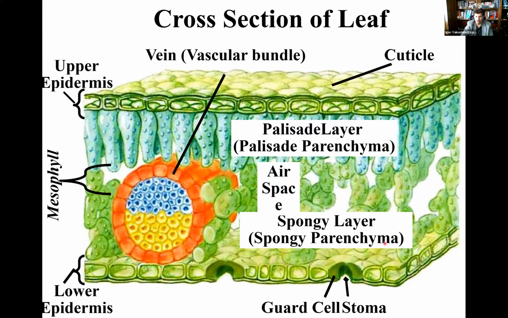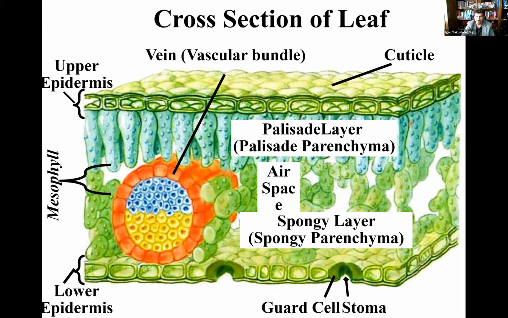So we're looking at the ground tissue, also known as the parenchyma. In this particular case, the parenchyma cells are located right next to each other, very, very close. That layer is known as the palisade parenchyma, like a fence parenchyma, because they're like pieces of fence right next to each other.